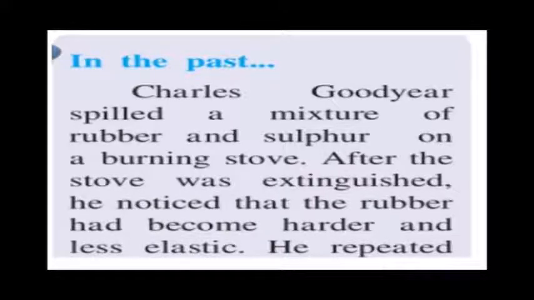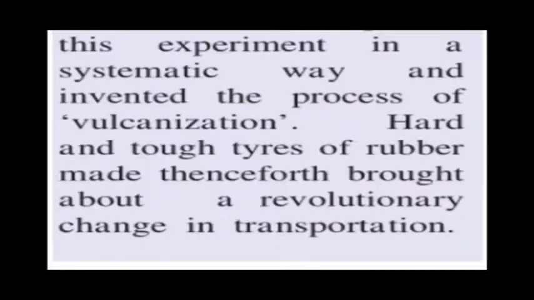In the past, Charles Goodyear spilled a mixture of rubber and sulphur on a burning stove. After the stove was extinguished, he noticed that the rubber had become harder and less elastic. He repeated this experiment in a small systematic way and invented the process of vulcanization.